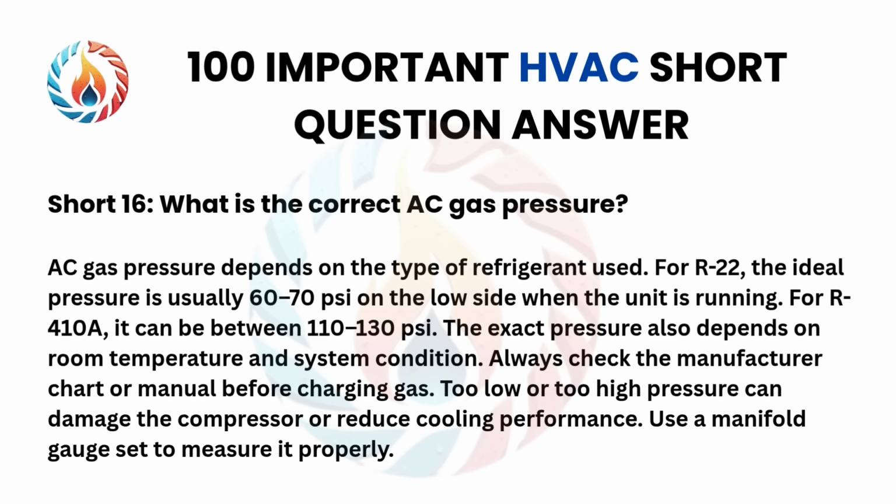The exact pressure also depends on room temperature and system condition. Always check the manufacturer chart or manual before charging gas. Too low or too high pressure can damage the compressor or reduce cooling performance. Use a manifold gauge set to measure it properly.